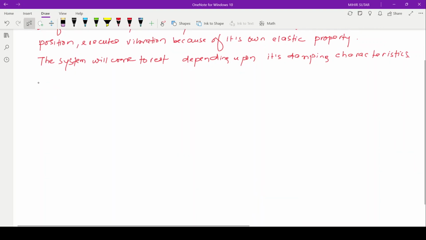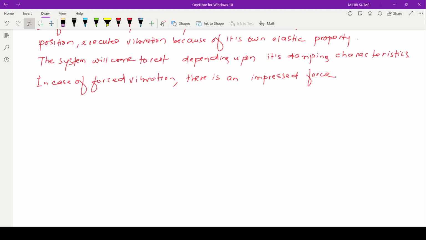In case of forced vibration, there is an impressed force on the system which keeps it vibrating.